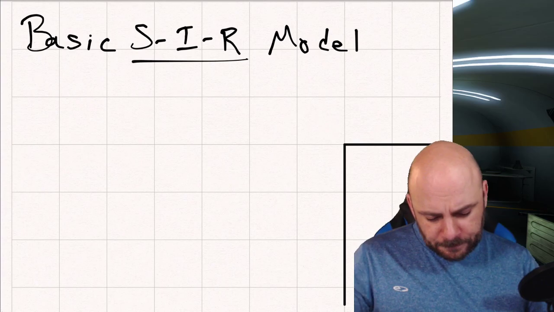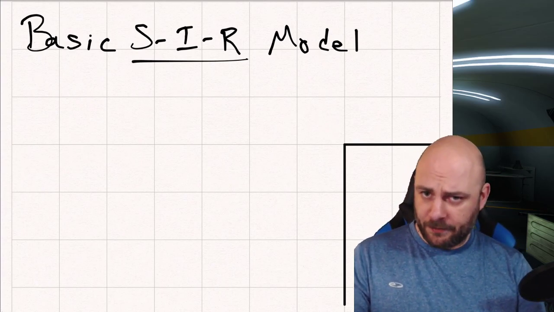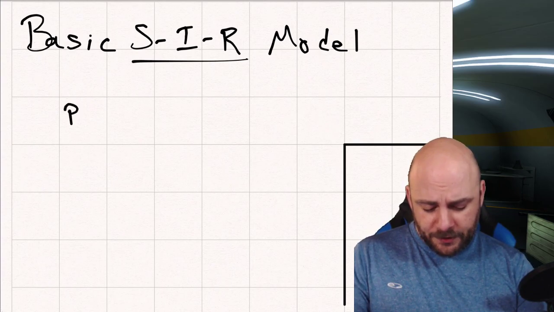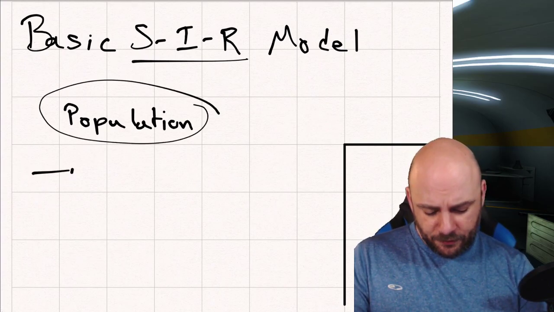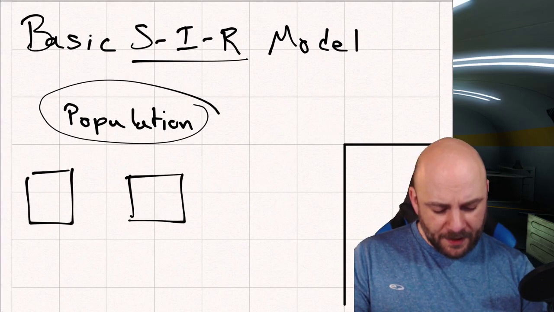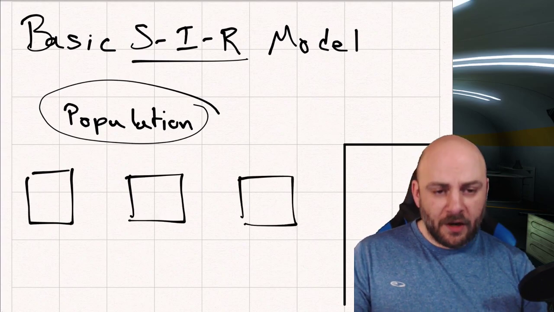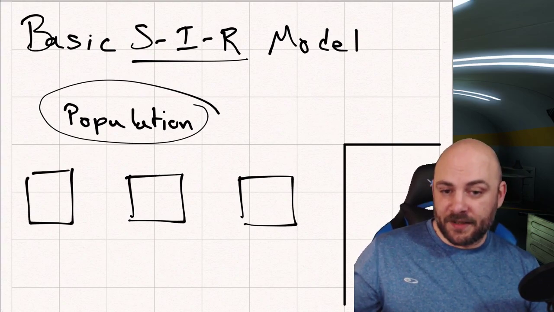The SIR model is an example of what's called a compartmental model. Basically, you're taking your whole population and dividing it up into 3 compartments. These compartments are basically what kind of epidemiological status they are in.